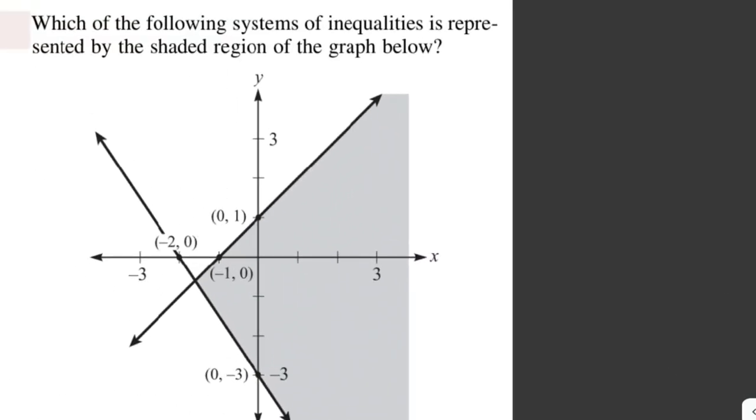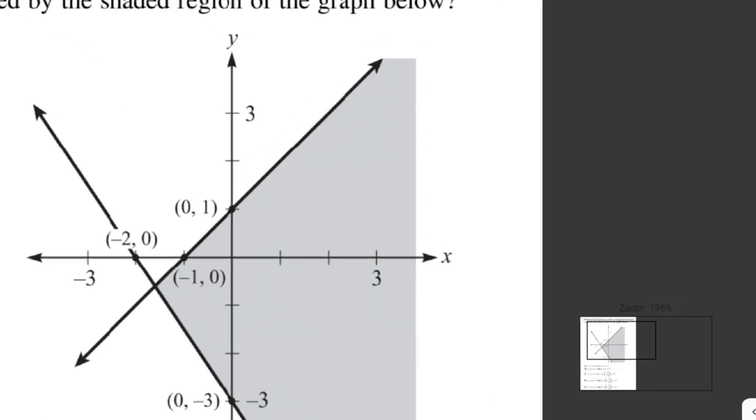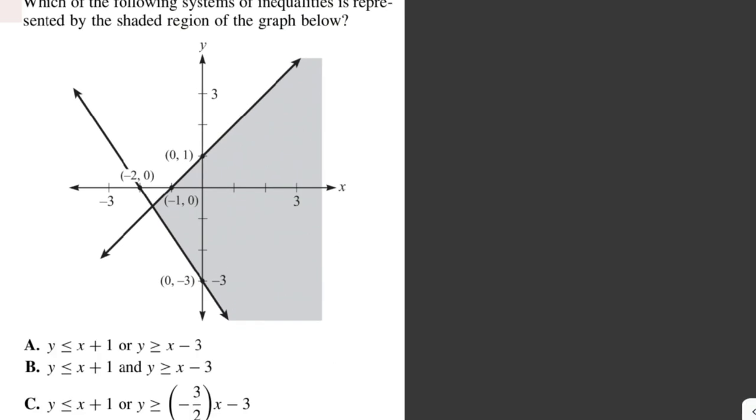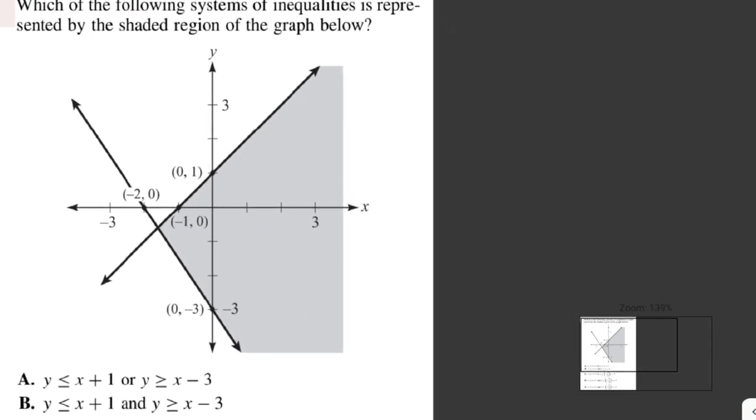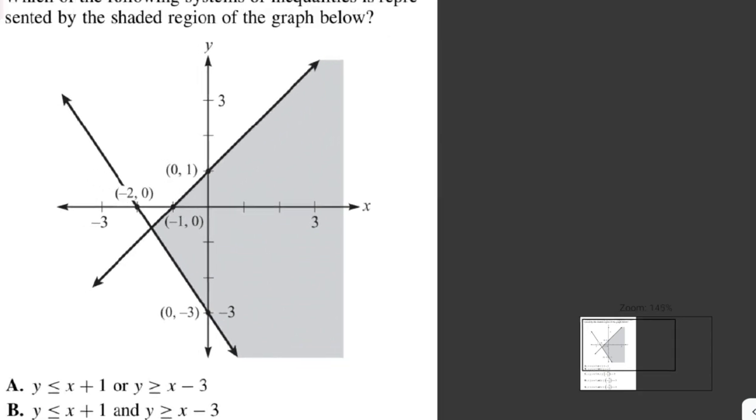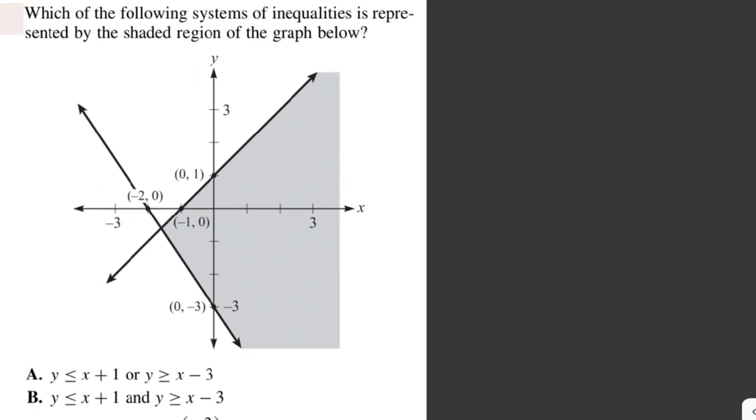Which of the following systems of inequalities is represented by the shaded region of the graph below? So we're given this graph, and we need to find the system of inequalities represented by the shaded region, this part here.